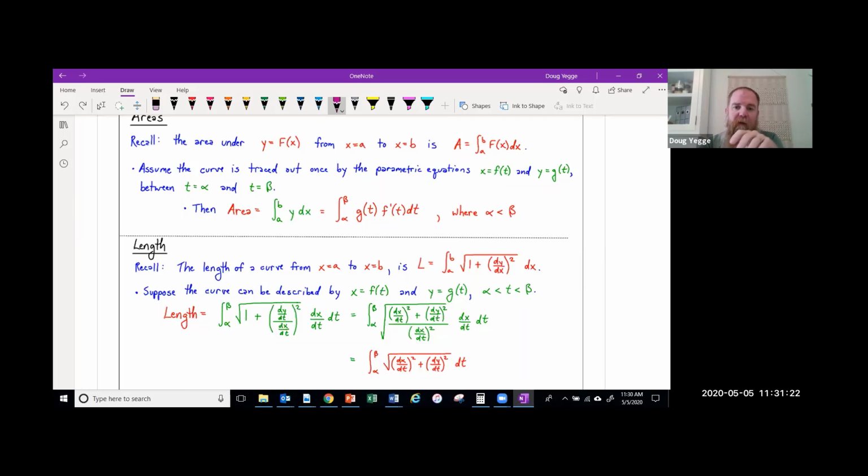Remember that with parametric curves, you're going to be given two separate parametric equations, one describing y and one describing x. But if I want to find the area underneath a curve called y equals f of x, I don't actually have that function.